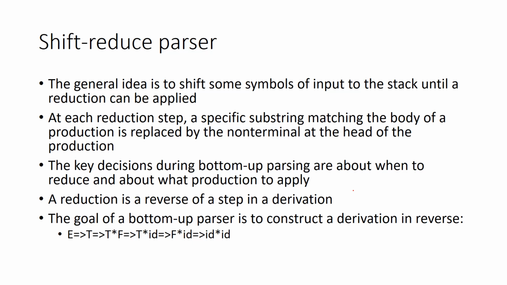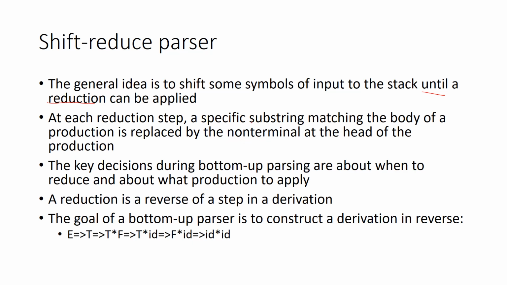In a shift reduce parser, the general idea is to shift some symbols of input onto the stack until a reduction can be applied. At each reduction step, a specific substring matching the body of a production is replaced by the non-terminal at the head of the production.